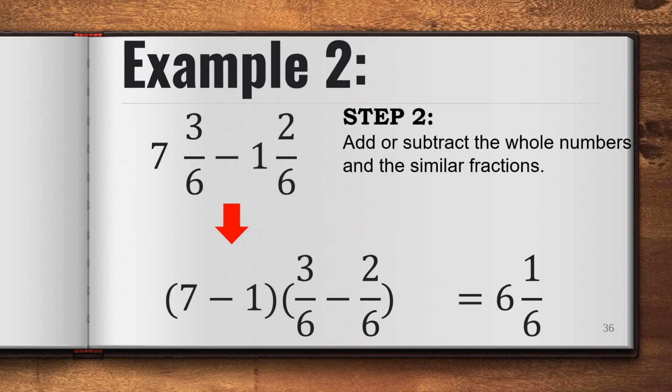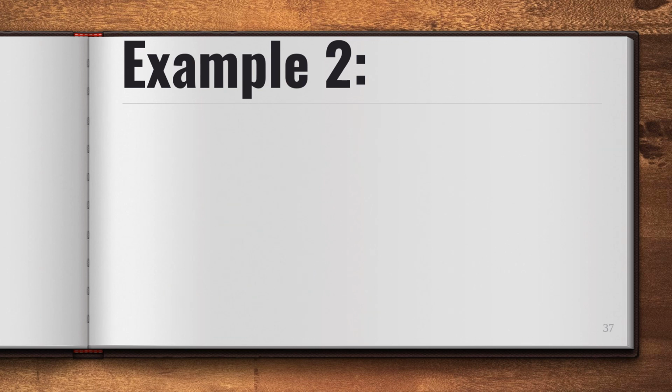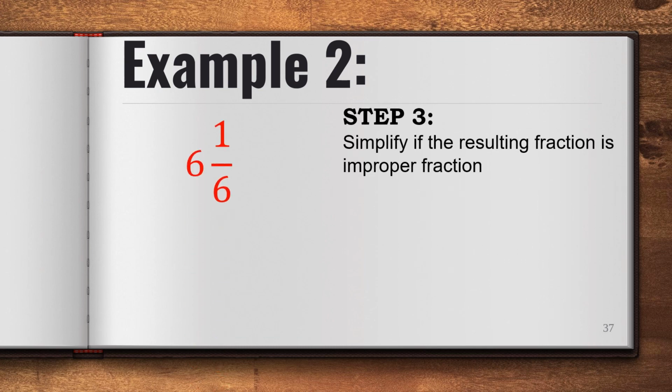So the last step is simplifying the resulting fraction if it is an improper fraction. So is 1 over 6 an improper fraction? Alright, it is not an improper fraction. Does 1 over 6 still have a lowest term? Okay, so we do not have a lowest term for that. That means 6 and 1/6 is already our final answer.